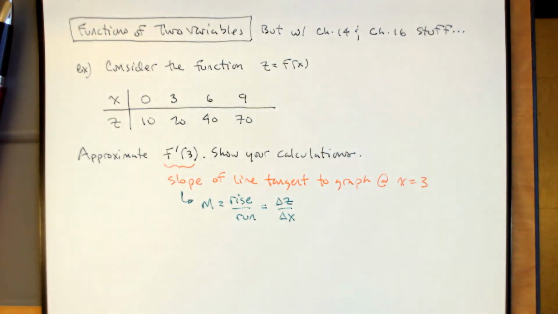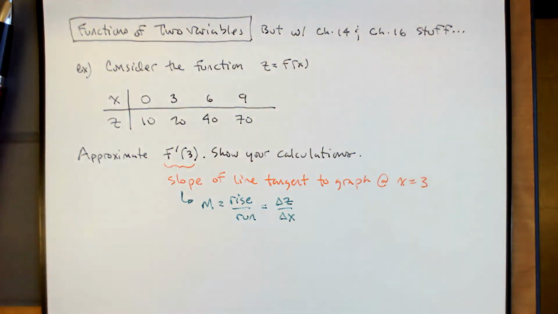So looking at the point where we have 3, 20, the next piece of information that we have is at 6, 40. So one way to calculate the slope is just to use the two points that are right next to each other.